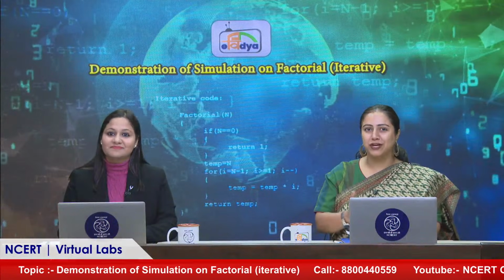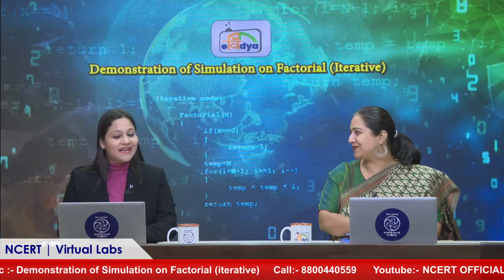Would you like to show us the simulation on Diksha? Sure. Before hitting the simulation, let me apprise the learners what factorial is, how we can find factorial, and where in real life we see factorial.